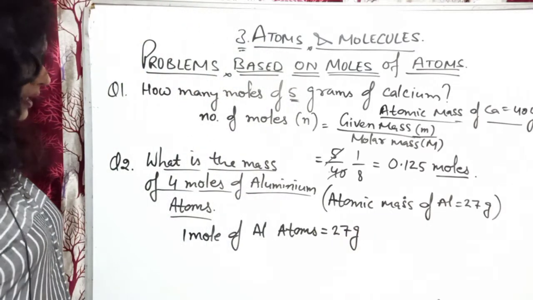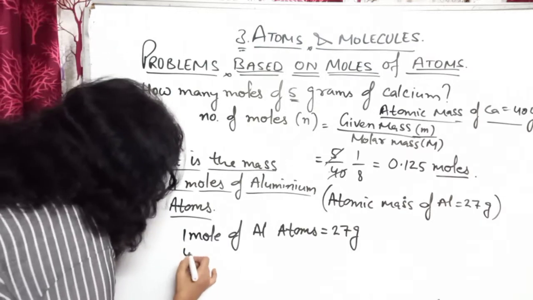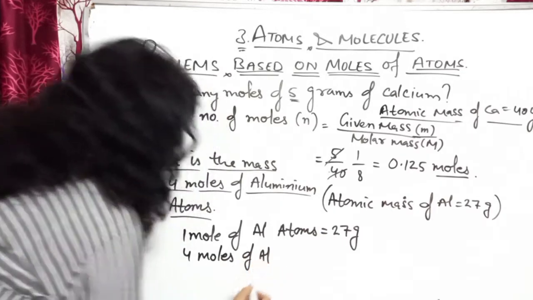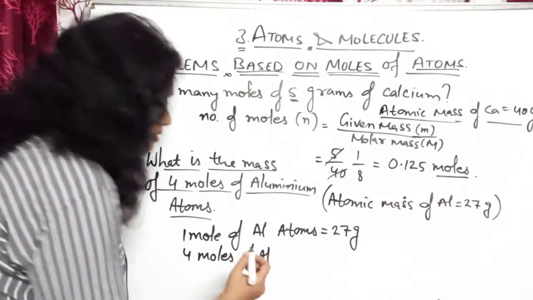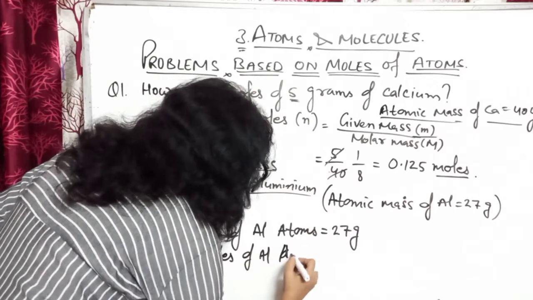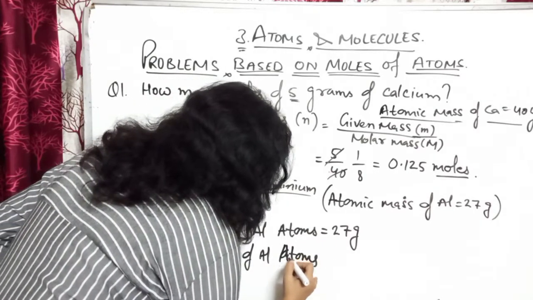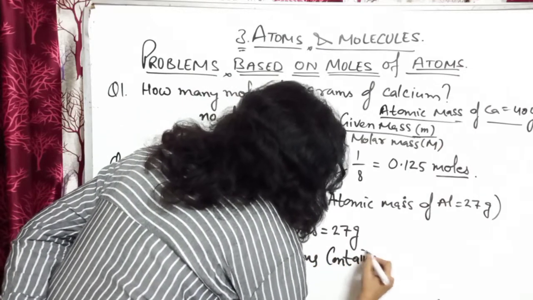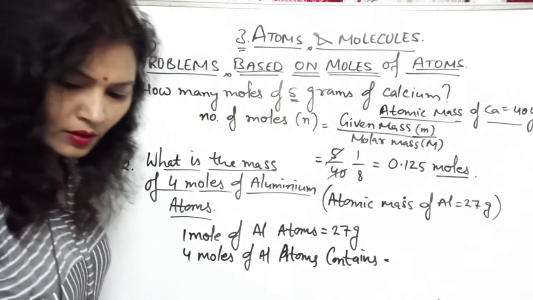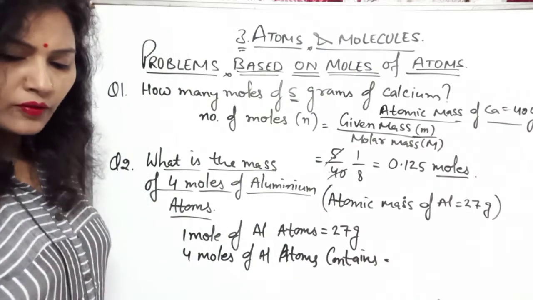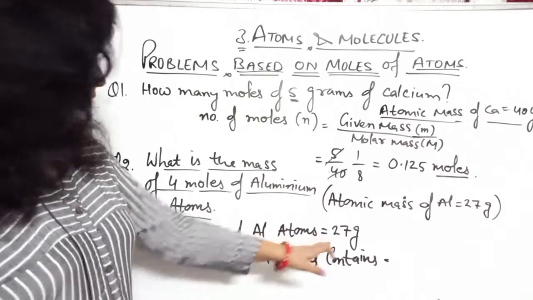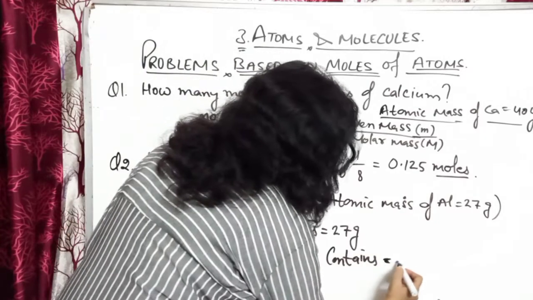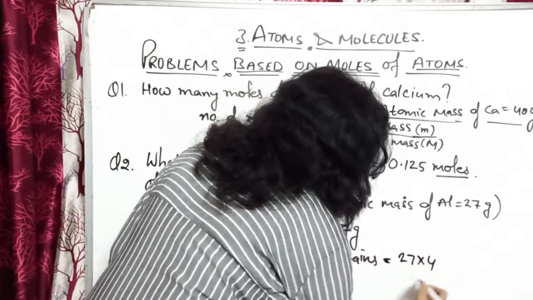Then 4 moles of aluminum atoms contain 27 into 4.